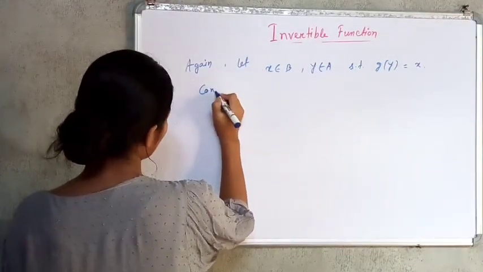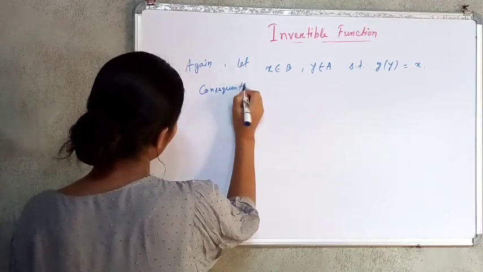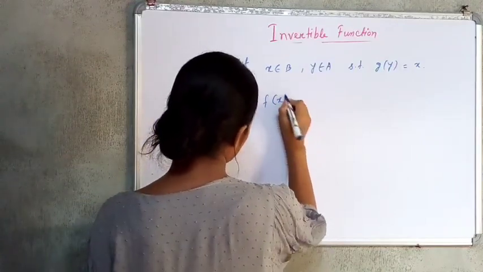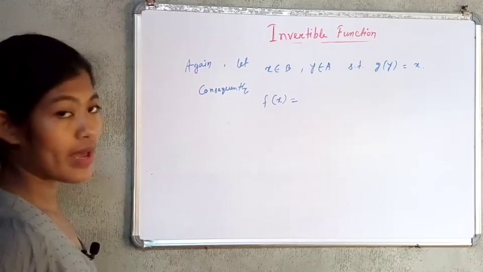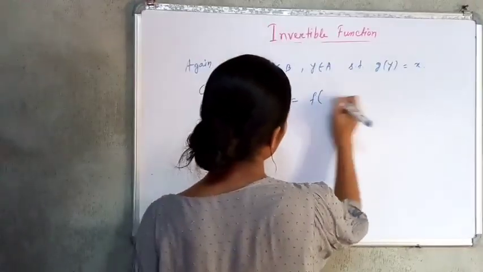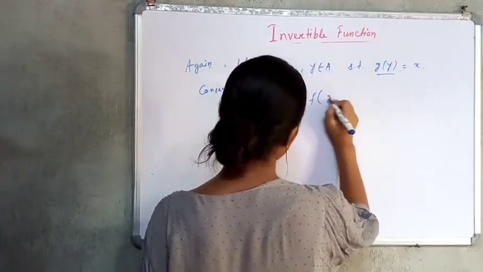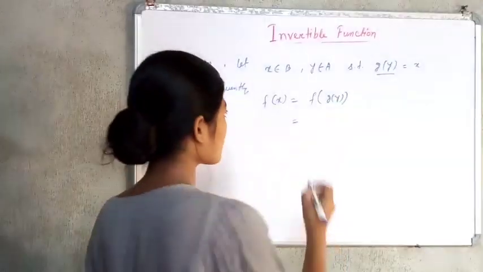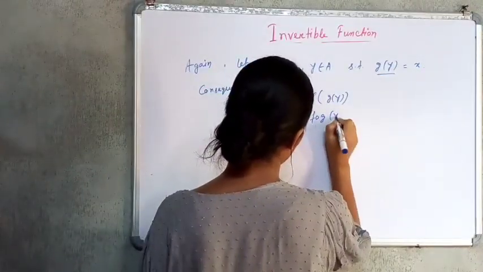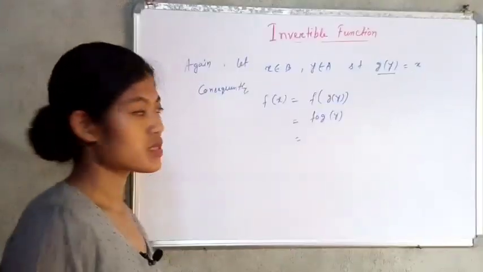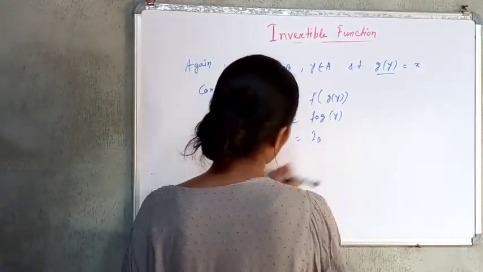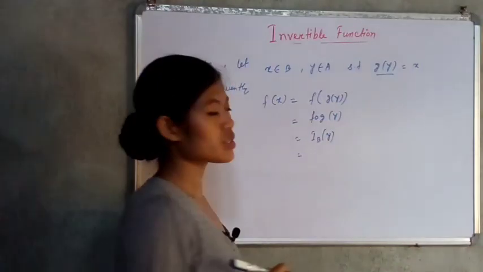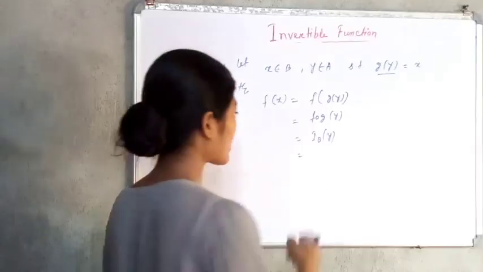Consequently, f of x will be f of g of y because x equals g of y. Now f of g of y is nothing but f naught g of y, and f naught g is equal to id, already given in the theorem. Again, by definition of identity map, id of y will be the element y itself.